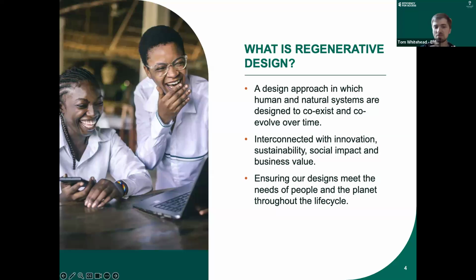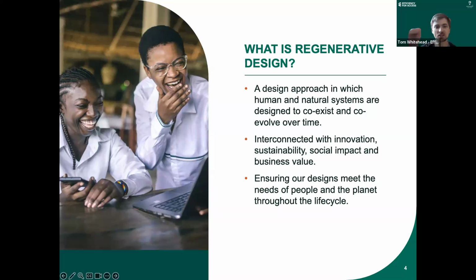Hopefully that is quite a powerful idea. I'm a civil engineer, and a lot of what we have done in the past has been just trying to force rivers into spaces and holding nature back. But actually, how can we bring the two together is really important. And it's going to bring in ideas of innovation, sustainability, social impact, and the business value and business models that are in the assessment framework.